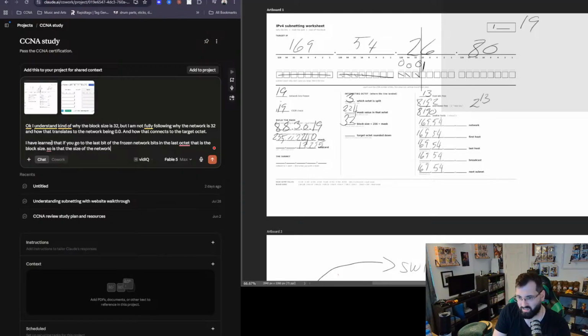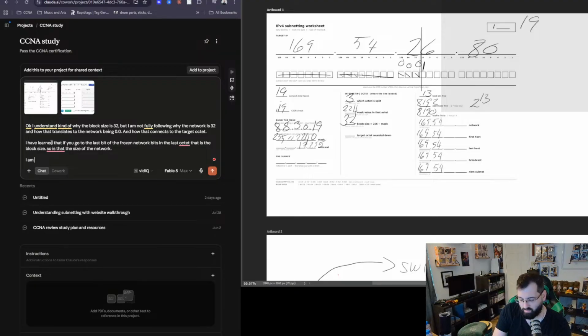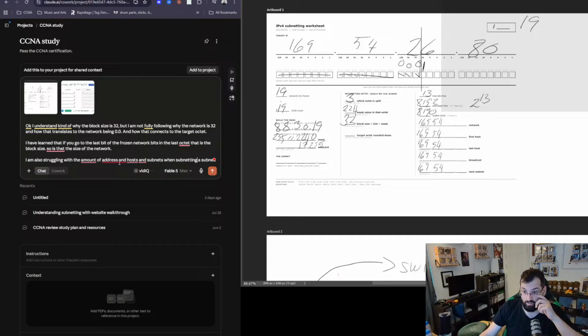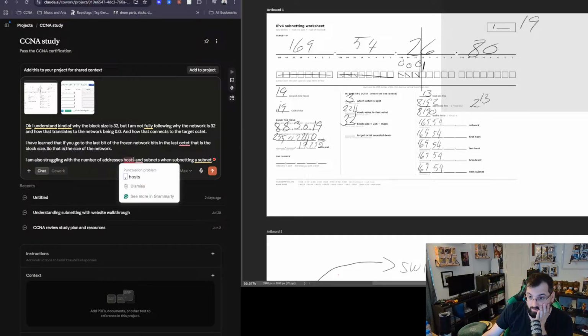No, it can't be the size of the network. I am also struggling with the amount of addresses and hosts and subnets when subnetting a subnet. Okay, let's see what it says. I think that was enough context. That basically sums up my constant mix-ups.